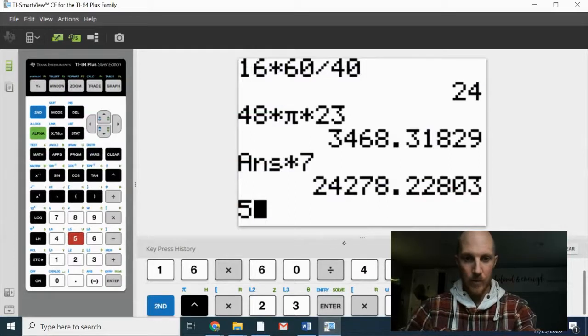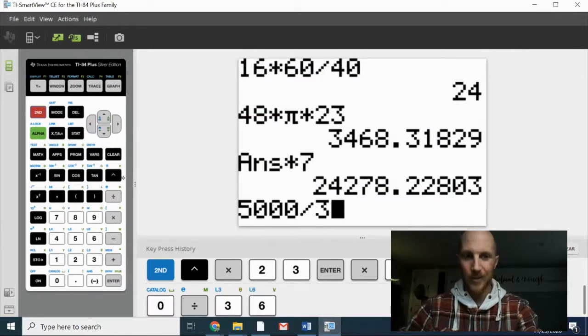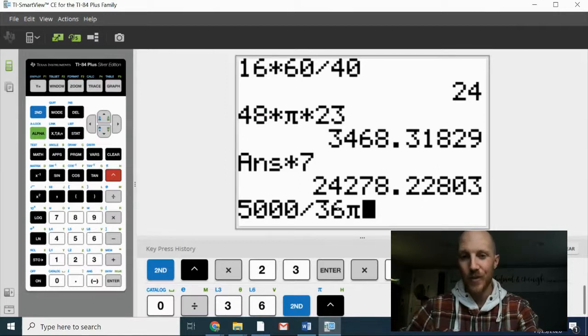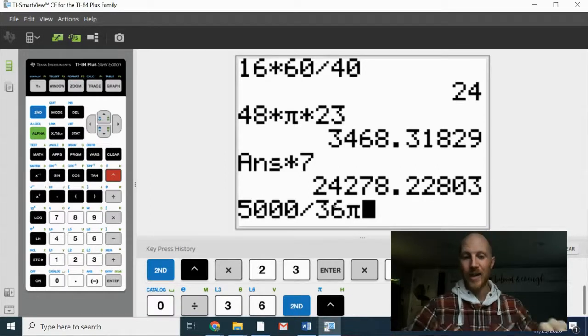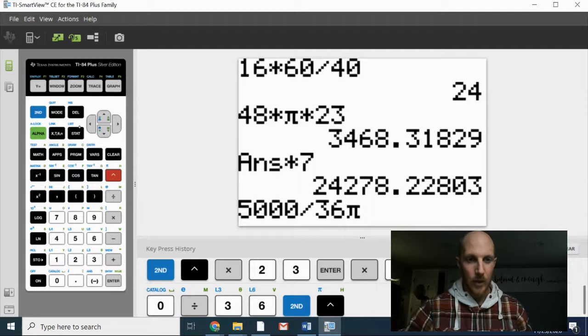5,000 divide by, and so if I just type in 36 pi, this is not going to work. If I type it in like this, my calculator is going to do 5,000 divided by 36, and that's it. Take that answer and then multiply it by pi, and that's not what I want. I want the 36 pi all to be in the denominator, so I need to have, just here, I'll show you.